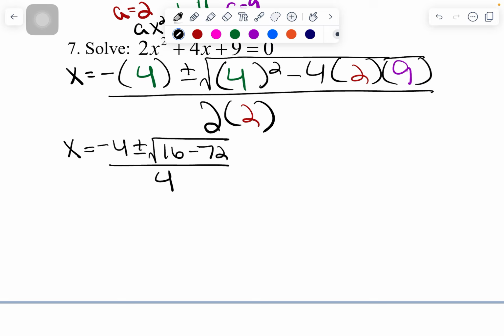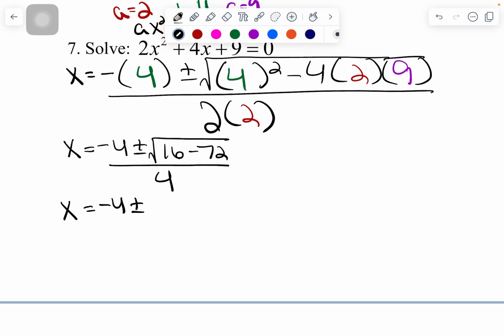All right, we've got to deal with just a little bit more simplification under this root. We've got 16 minus 72, and if I add that up, whoops, right with a pen.